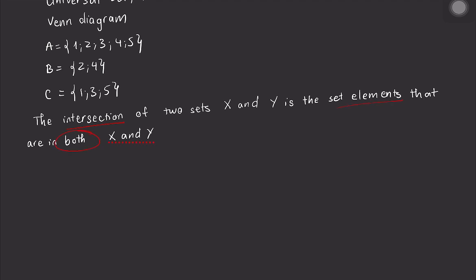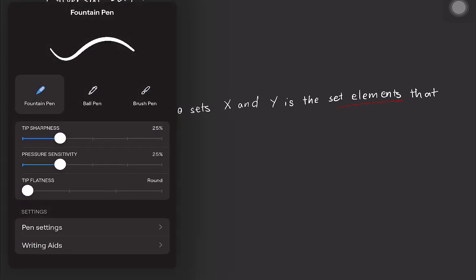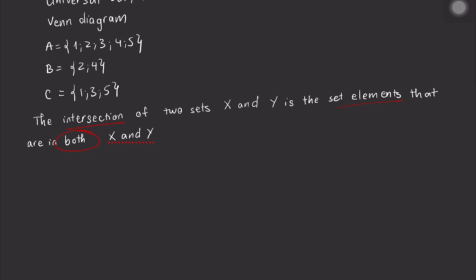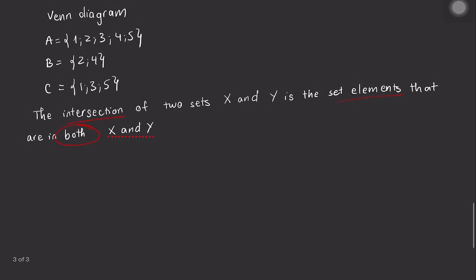The word both is a special term here. So in math notation, this is how we denote it.